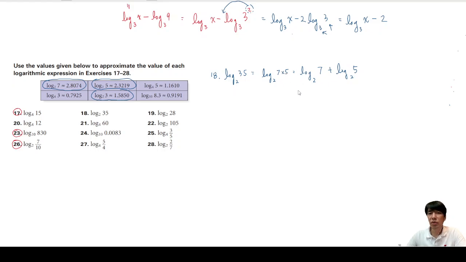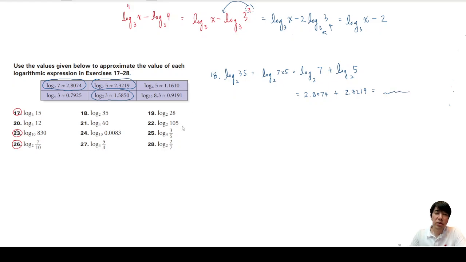According to this table, log base 2 of 7 is 2.8074, plus log base 2 of 5 is 2.3219. You add these two together and it's going to be your final answer.